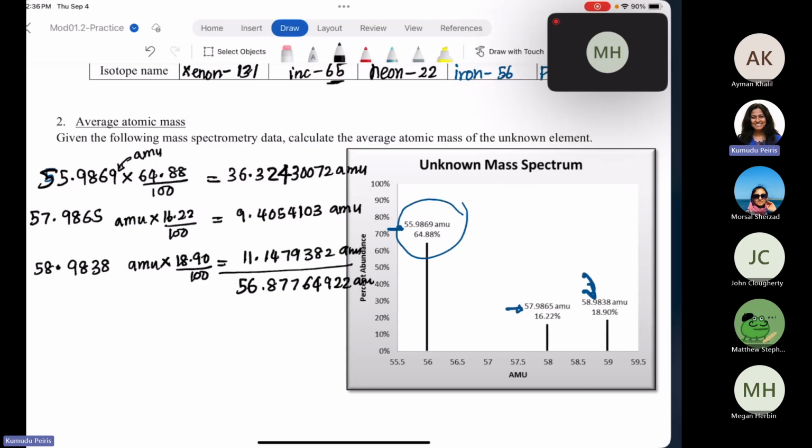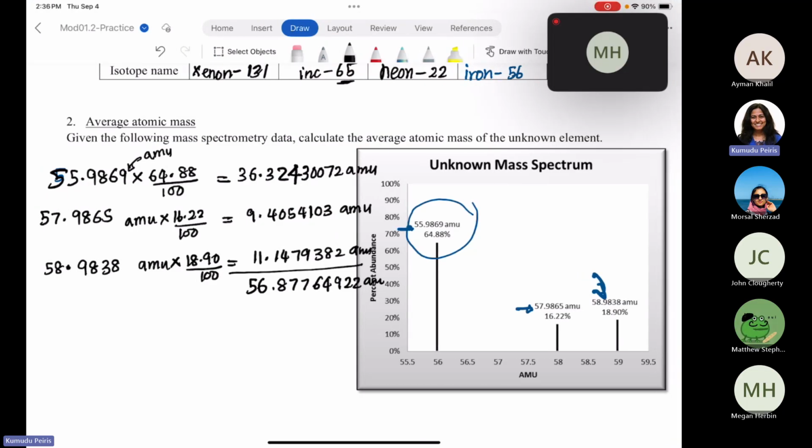How many decimal places were given there? When we got the multiplication, the final answer should be given with four significant figures. So the answer will be 56.88 AMU. Right. Questions?